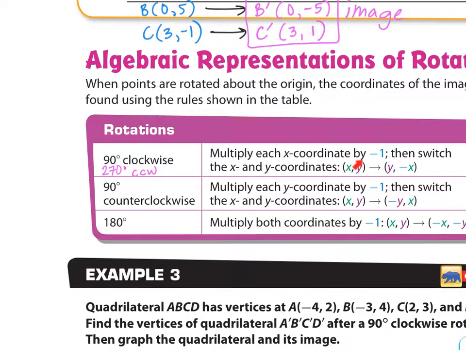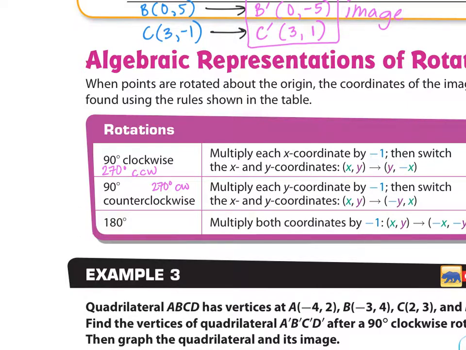So the x, you're going to change it. And then you're going to swap or switch those. So the y is going to go first, and then the x is going to go next. Right? Remember to change the x first, though. And then 90 degrees counterclockwise is also the same as 270 degrees clockwise. Okay, so going a quarter of the way counterclockwise is the same as going 3/4 of the way the other way, clockwise.